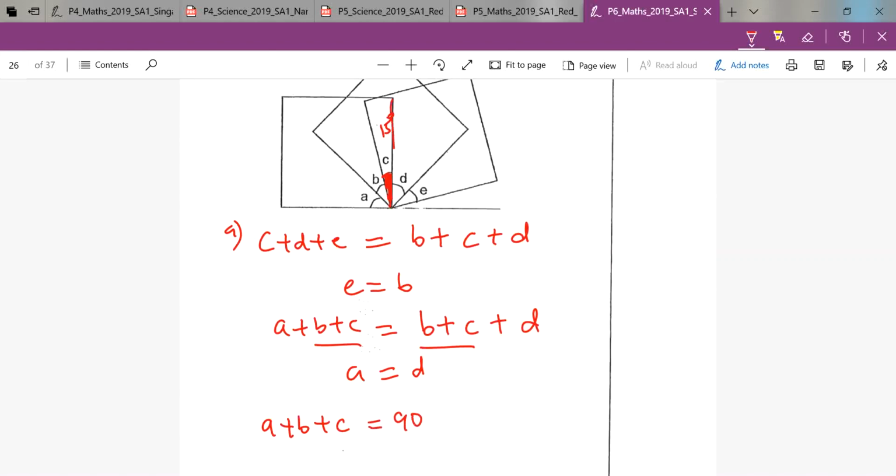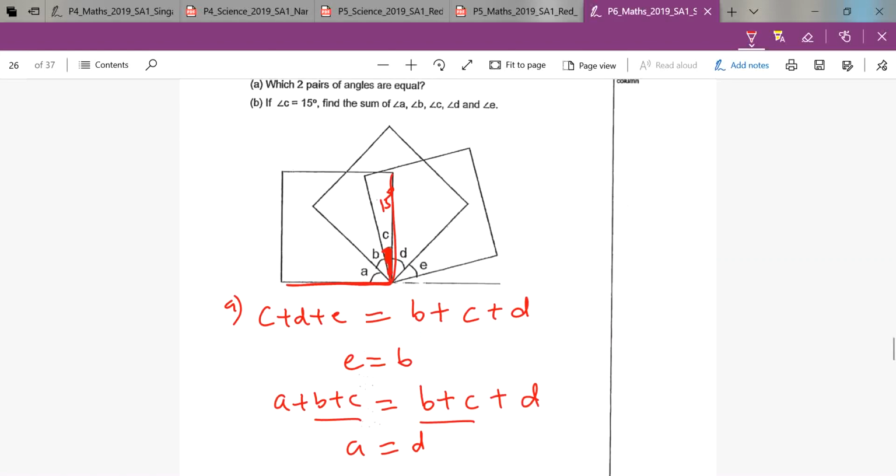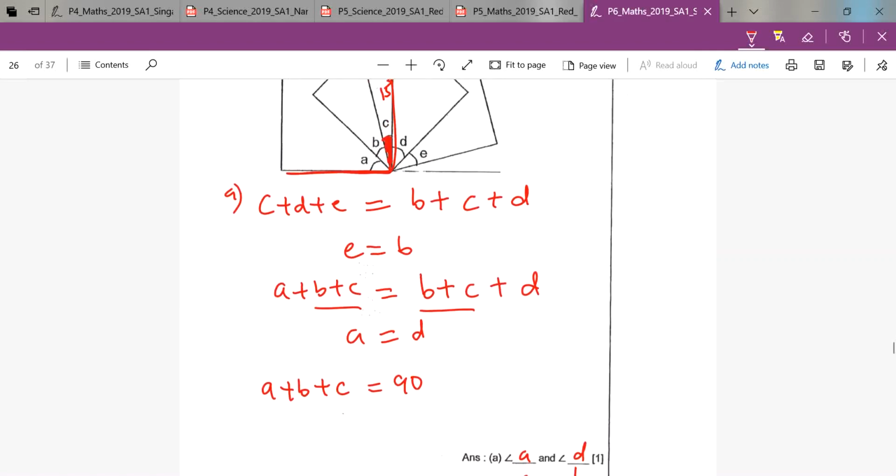Because we already talked about how this is one corner of the square. Okay, that is settled already. And then because C, you know, is 15 degrees. Okay, so A plus B is equals to 90 minus 15, which is 75.